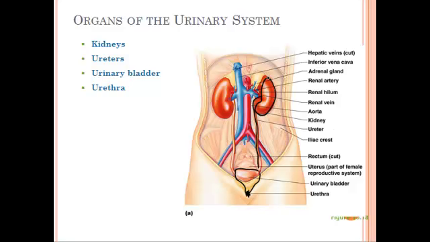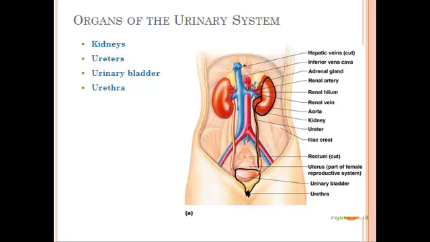You can see how it's associated with the other organs in the abdomen. You can see the aorta and the vena cava coming by the kidneys, and you can see the aorta branching off and moving right into the kidneys. That's because the blood supply is very important.